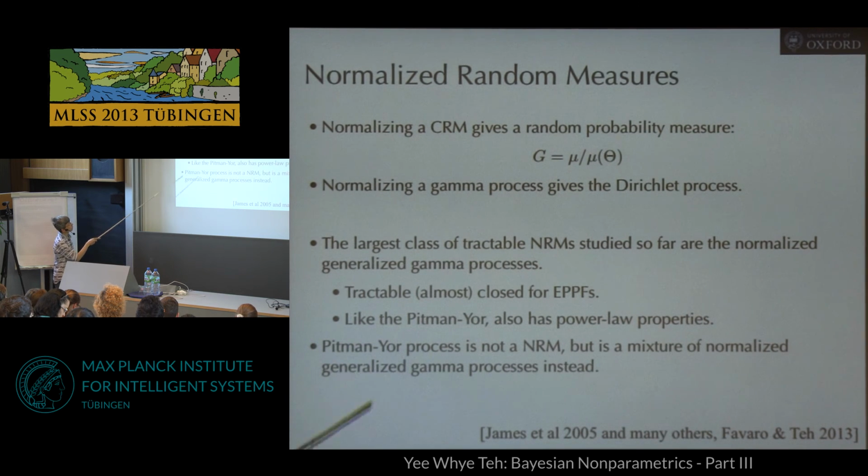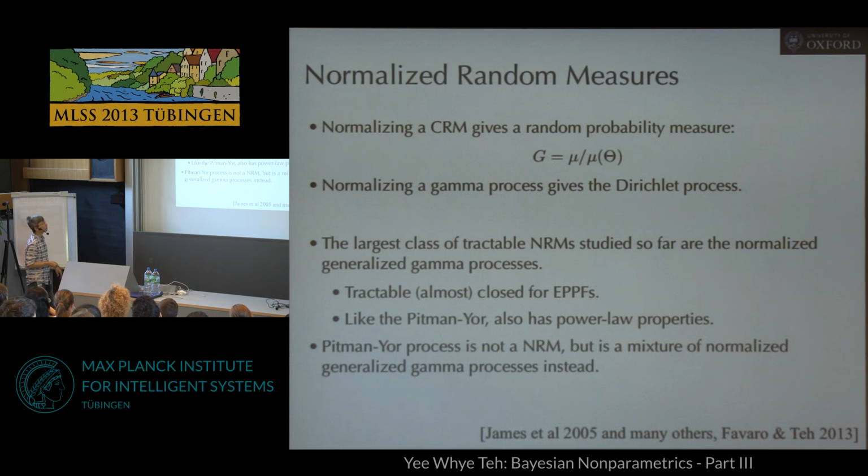But the largest class of normalized random measures that you can construct like this that is still quite tractable are the normalized generalized gamma processes. So interestingly, they are basically tractable. You can construct efficient inference algorithms for this class. And interestingly, also like the Pitman-Yor process, it also has nice power law properties.